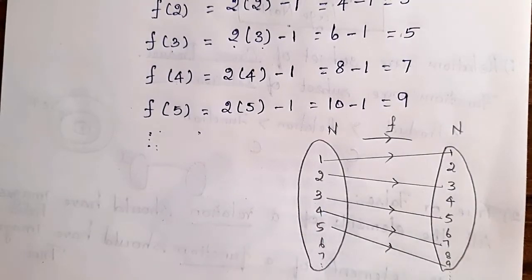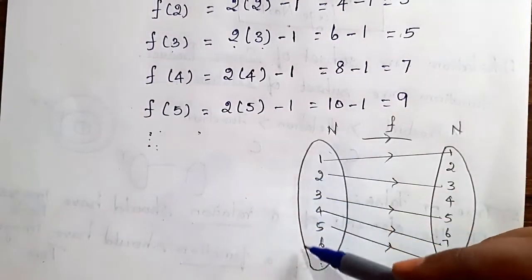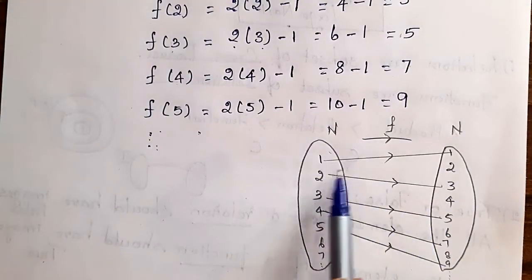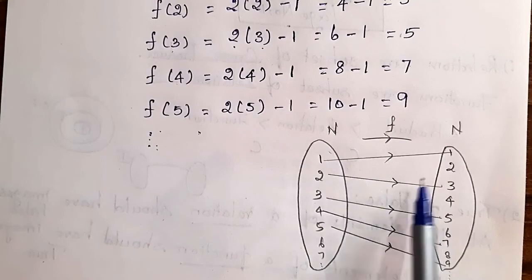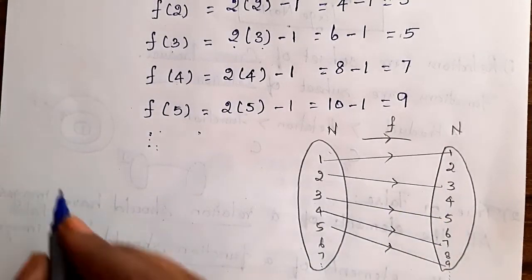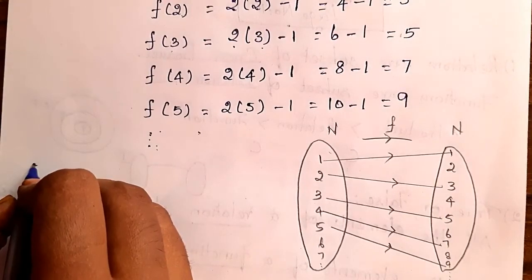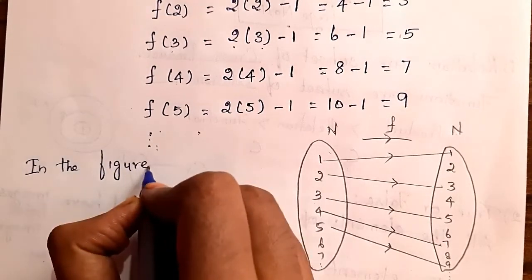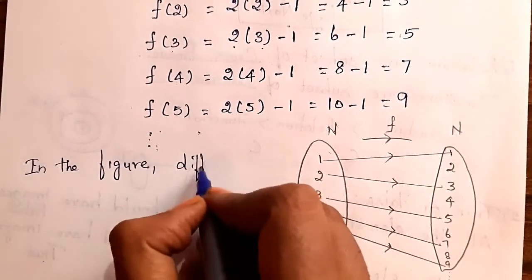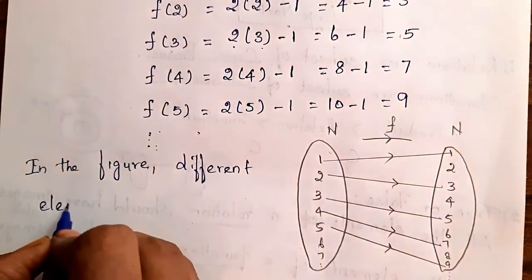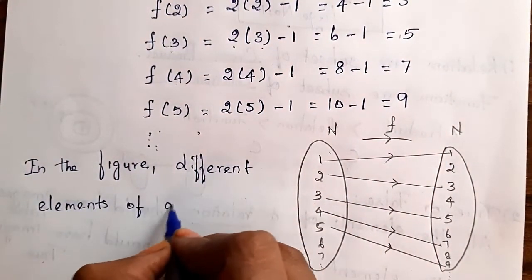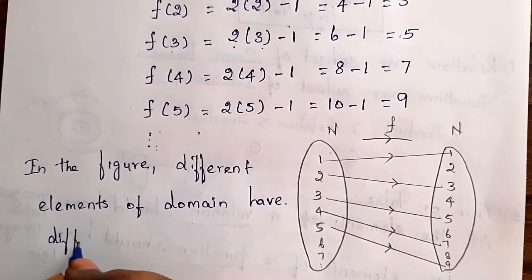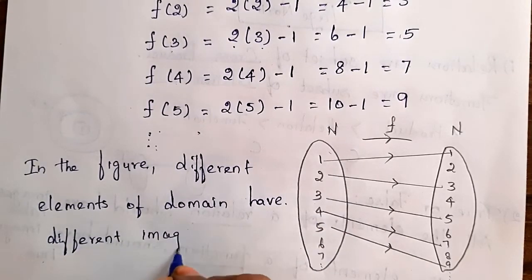Yes, definitely it is a 1-1 function because different elements in this domain have different images. Look at it, it doesn't connect at the same image. So using this figure, what we can conclude is that in this figure, different elements of the domain have different images.